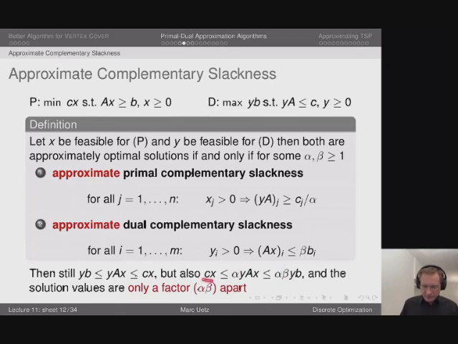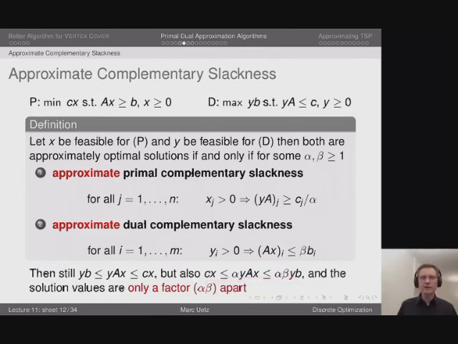Because now c times x is at most alpha times y times a, right? So I get c times x at most alpha times y a. And likewise, a times x is at most beta times the right-hand side b. So at the end, I get this factor alpha times beta in this chain of inequalities in the other direction.